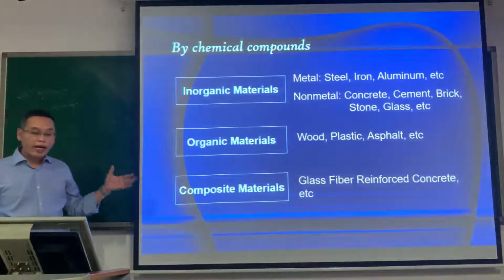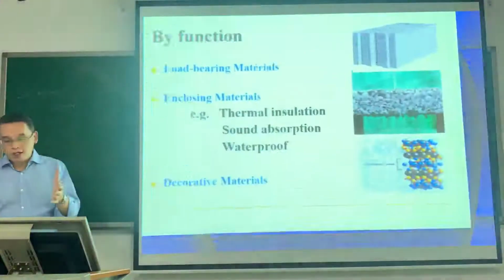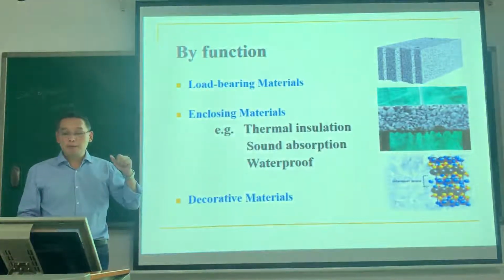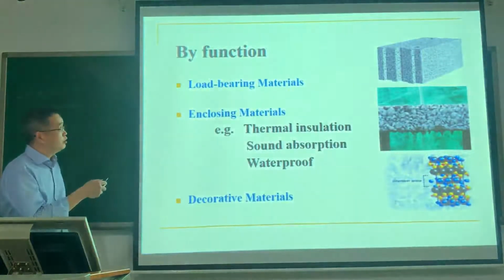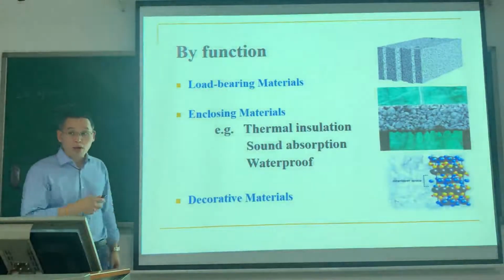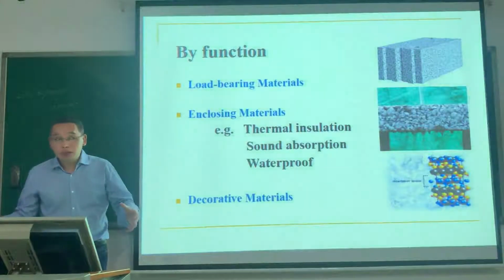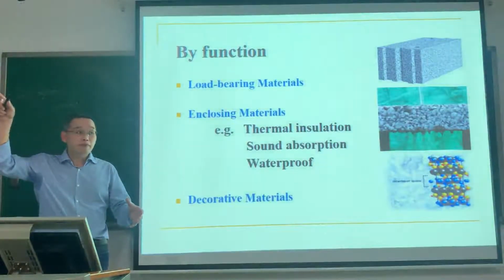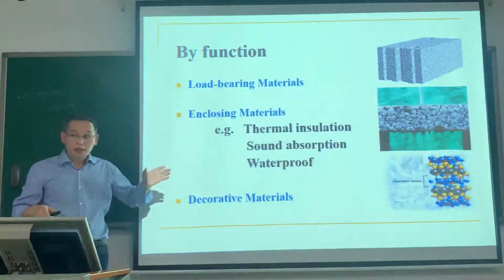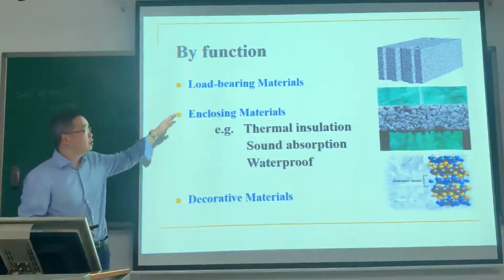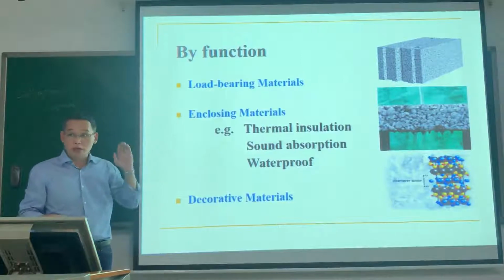And then we can get the classification of the materials by function. The first one is the load bearing materials. In our classroom, the beam, the column, the slab, the floor, they all belong to the load bearing materials.